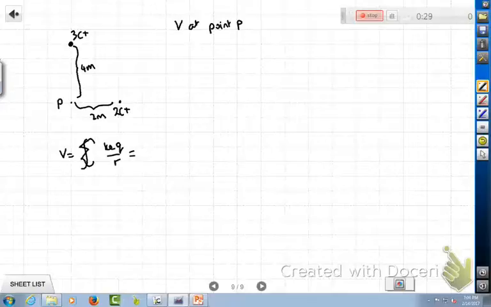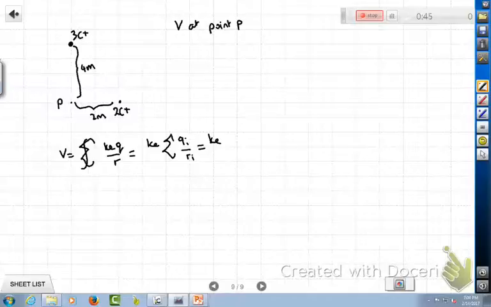I've got no answers for you, so we'll do it together. KE is a constant, so that can come out of the summation sign. Then it's the sum of Qi over Ri. I've only got 2 of them.